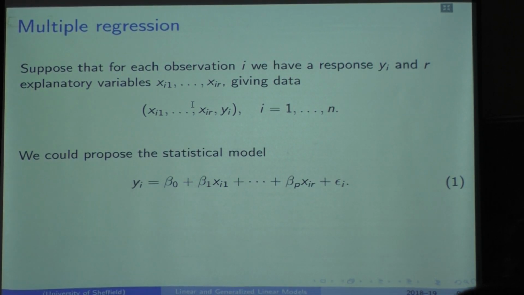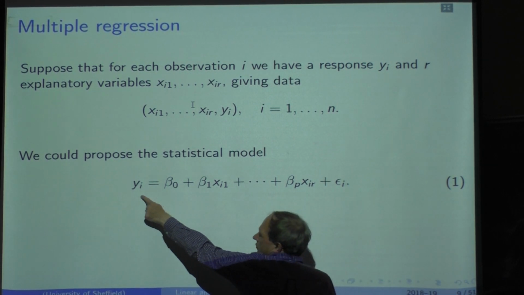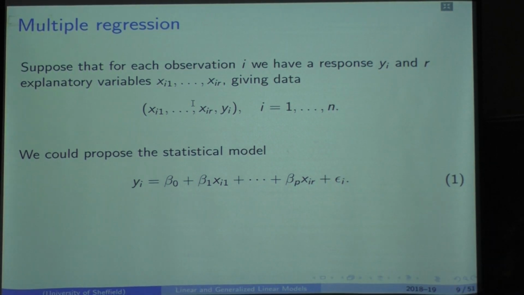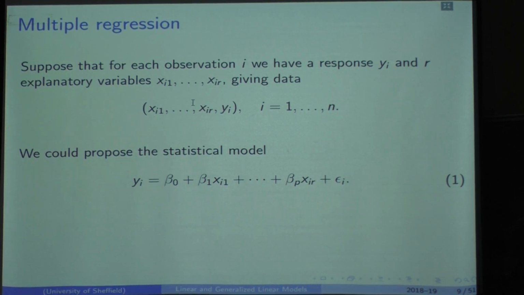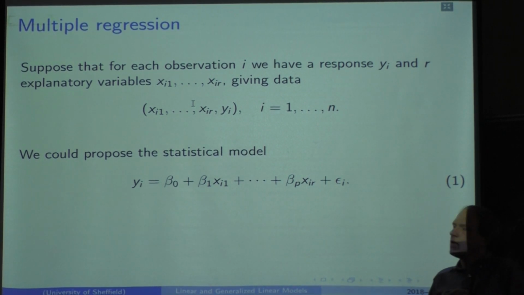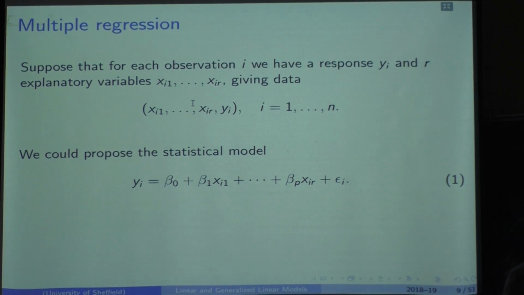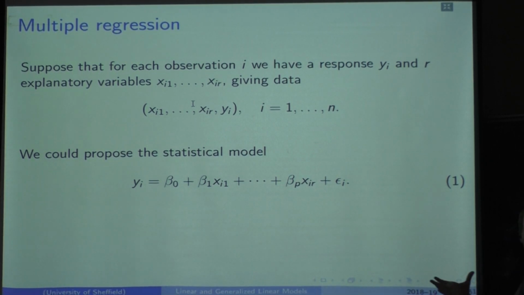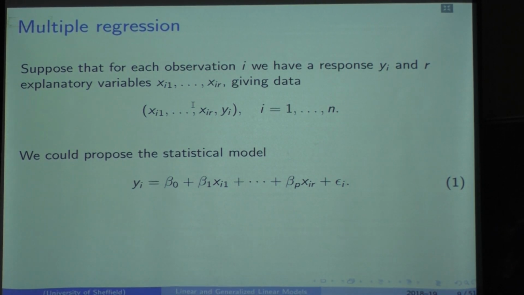Okay, so if we want to generalise the linear model that we've seen to this sort of setup, we might want to have something like this. So your dependent variable yi would take a value which is some sort of linear combination of the explanatory variables. And these numbers, these betas, which are describing this linear combination, are going to be constant. So these are going to be the same for every patient.